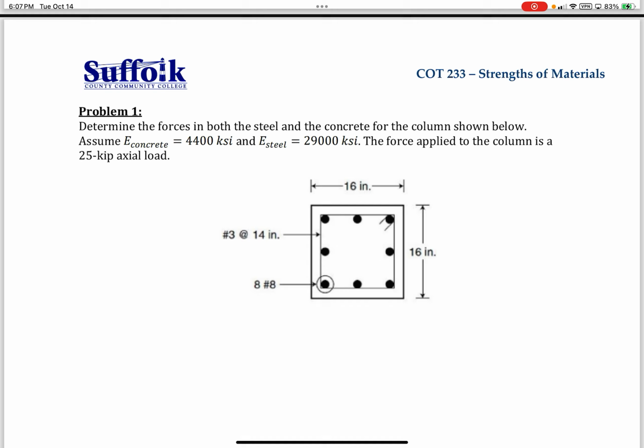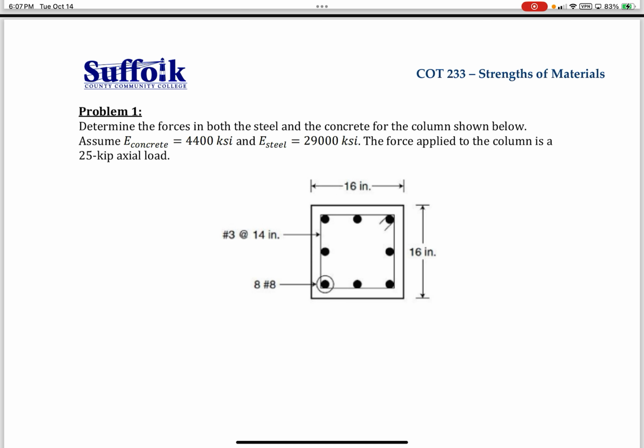No, that's the diameter. I said the area. Oh yeah. It's 0.79 square inches per bar, pi over 4. So it's the area equation times the bar number divided by 8.